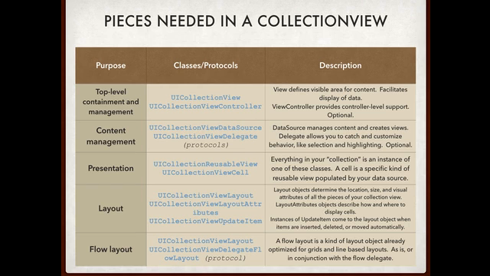The layout. So there's the UICollectionViewLayout, the UICollectionViewLayoutAttributes, and the UICollectionViewUpdateItem. These are all things that describe how the layout works. You can declare something called a flow layout, which I'll get to later, but these are the three pieces that work together to describe how the items in your collection are displayed.